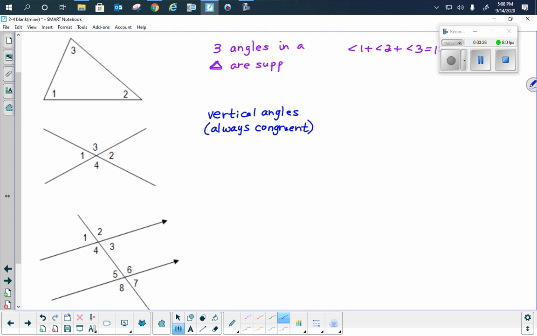Then I would be looking at angle 1 equals angle 2 and angle 3 equals angle 4. So both of those will be my vertical ones.